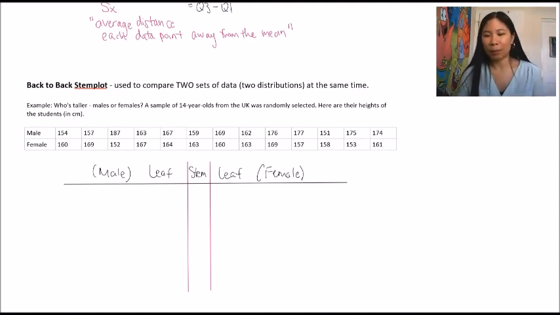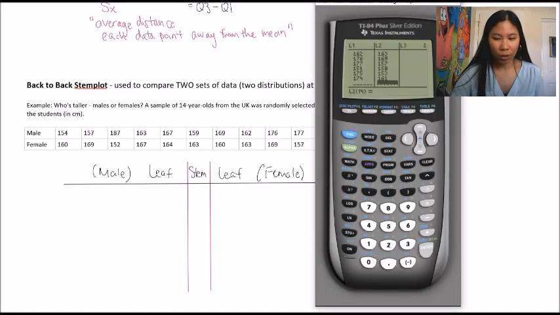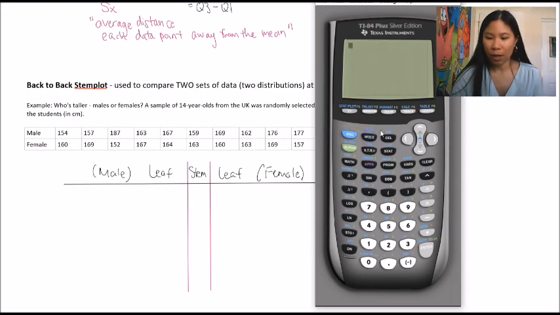So same thing, I'm going to enter all my male data into my calculator under one list, and then my female data into another list. So as you can see here in my graphing calculator, I put all the male data in L1, all the female data in L2. That way it'll order each of my sets of data separately. So I'm going to quit out of my lists. And then I'm going to get back into sort A. So second stat, go over to ops, number 1.